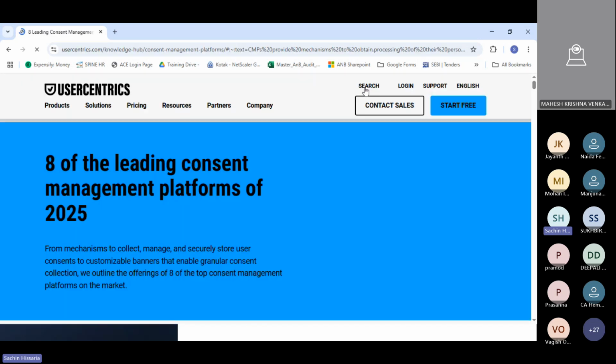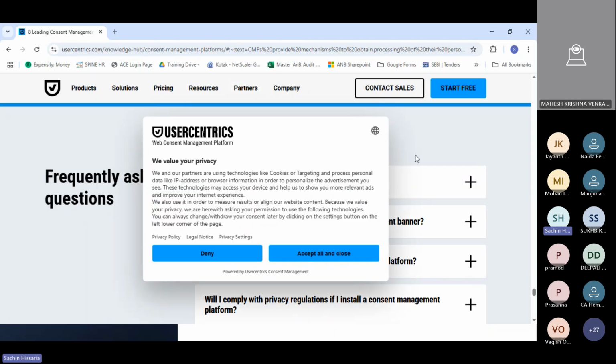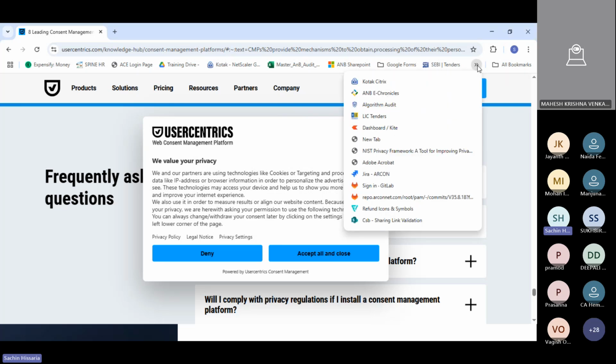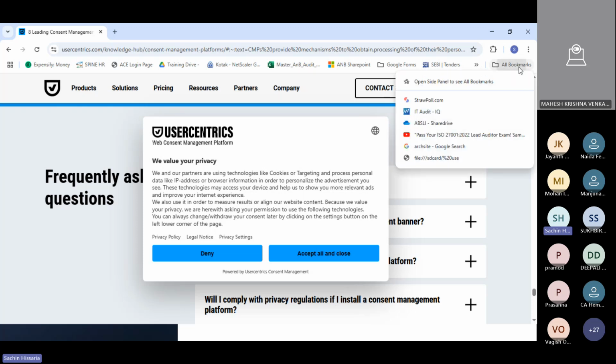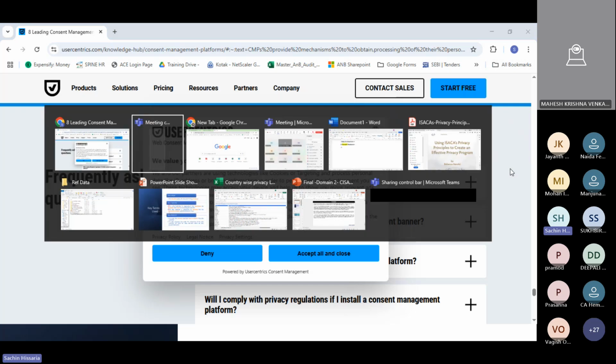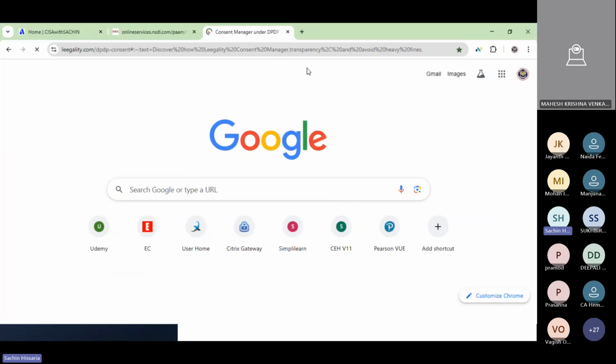What these tools do at an organization level is see what all applications are there and which applications are collecting PII data, and after identifying that, the tool will implement the consent mechanism on all those applications from where you are collecting the data. I'll see if I have bookmarked that tool name or not. But yes, there are tools available in the market. This is what I'm talking about, guys.